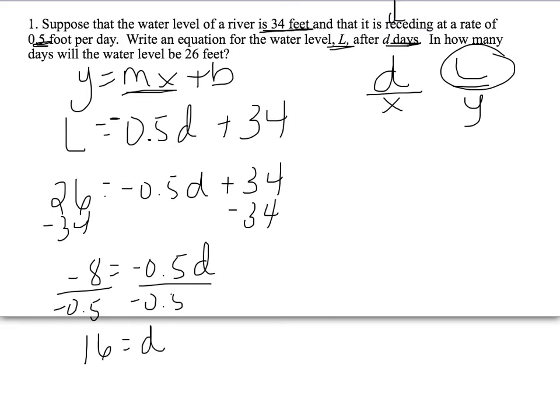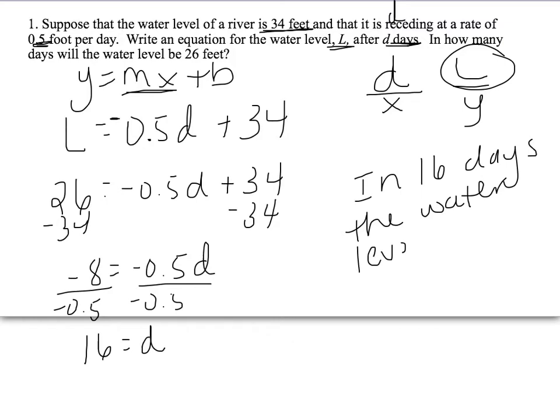So in how many days will the water level be 26 feet? In 16 days, the water level will be 26 feet. Okay, because it's descending, it's going down 0.5 per day.